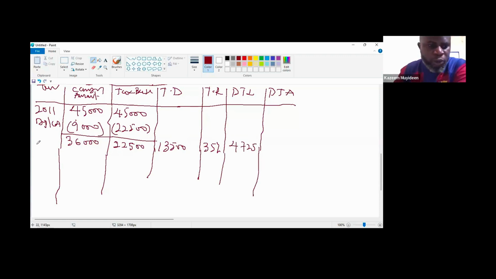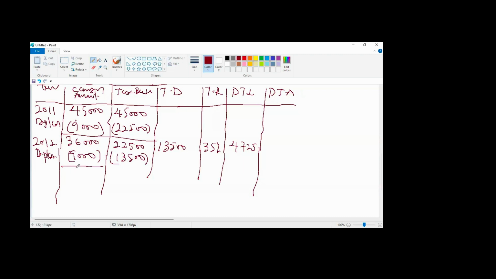Now, 2012, which is the opening balance of 2011. The closing balance is the opening. Depreciation, capital allowance. What is the depreciation we charge? 9,000. The capital allowance granted is 13,500. 36 minus 9,000, 27.